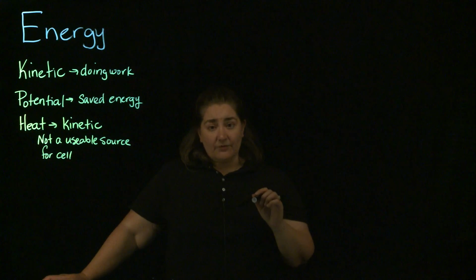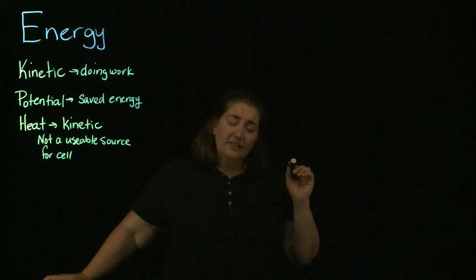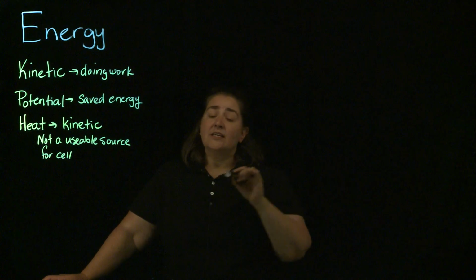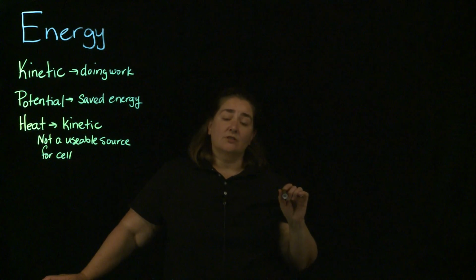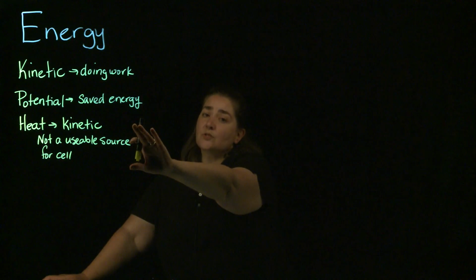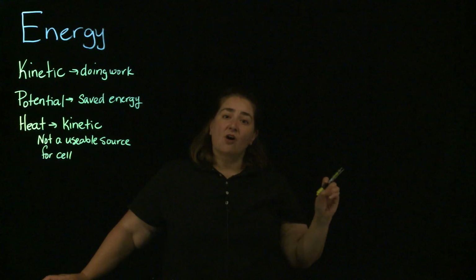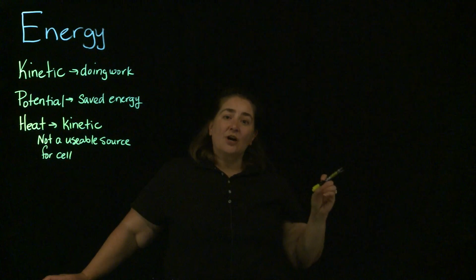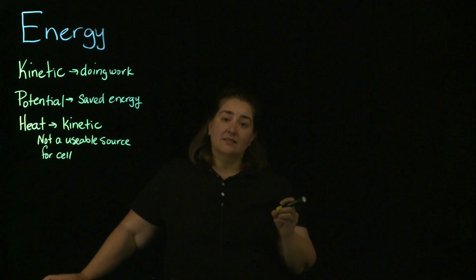The second law of thermodynamics tells us that that transformation is never 100% efficient. So we always lose some of our energy, and it's not really lost, it just goes into a different form. But the book talks about it being lost as heat.